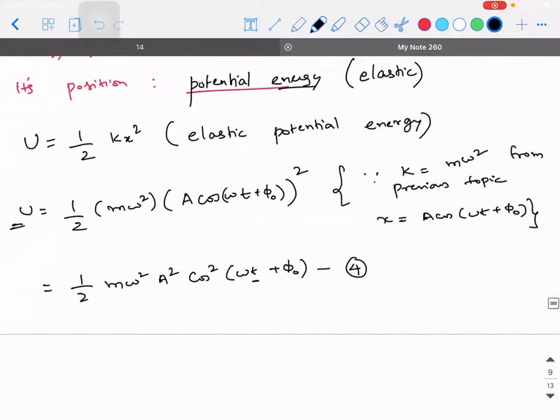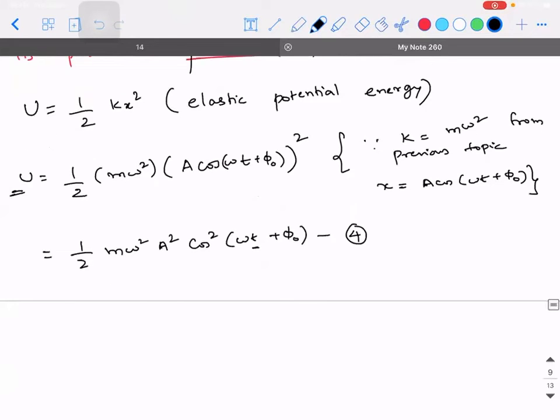Make a note of these 2 points. Done? Yes, sir.